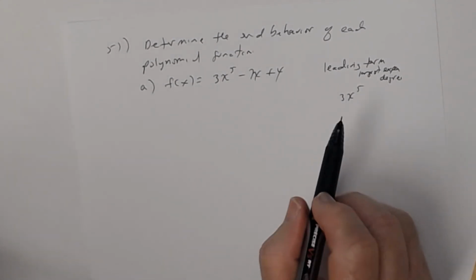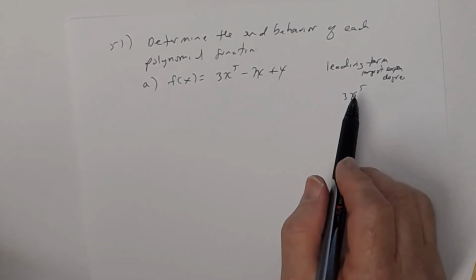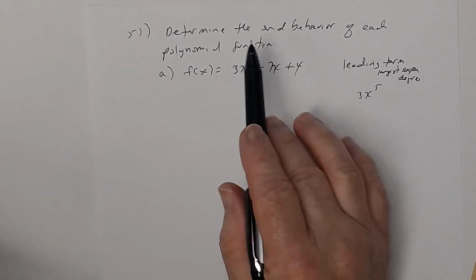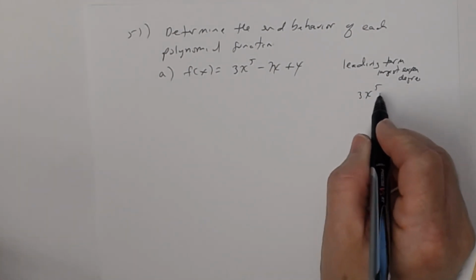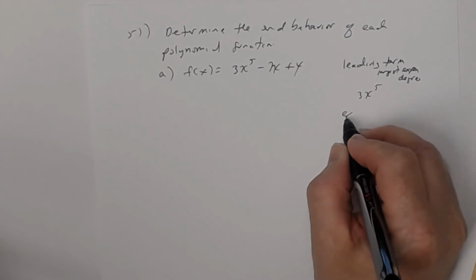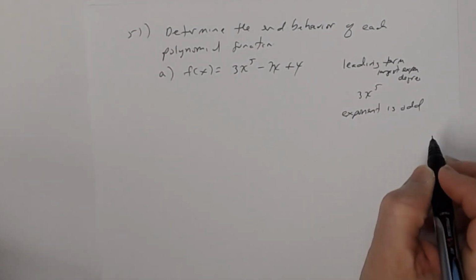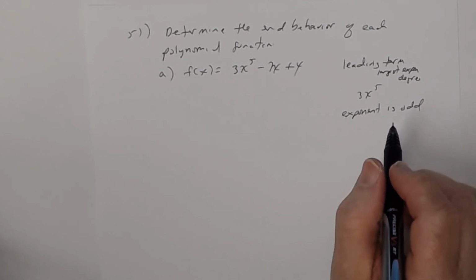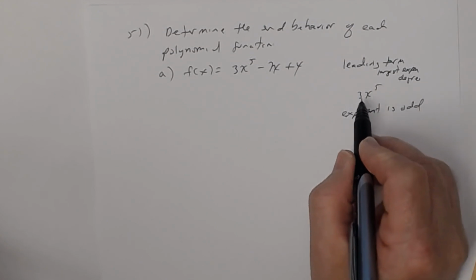Now, once you find the leading term, you need two things to determine the end behavior. You need to know whether the exponent is even or odd. Notice the exponent is odd. And whether the leading coefficient is positive or negative. Notice my leading coefficient is positive.